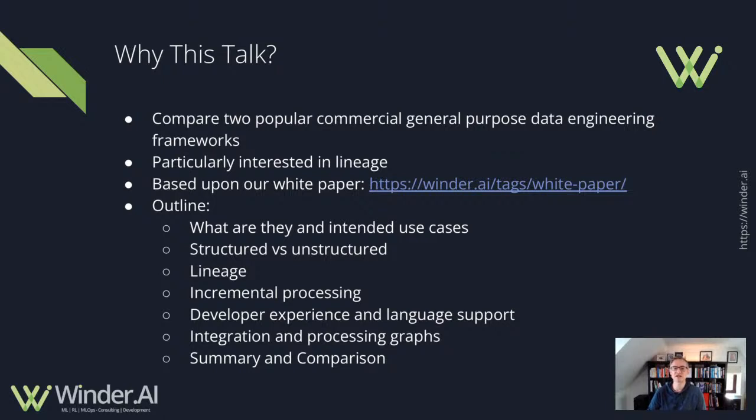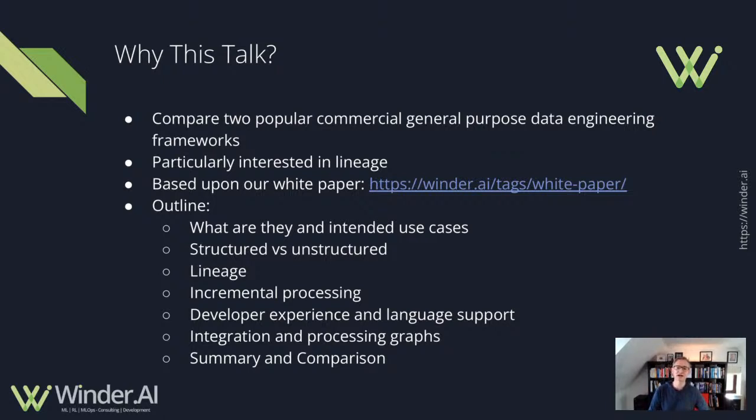So I'm particularly interested in lineage. This is based upon a white paper that we wrote last month. You can find that on our website. That's got the full details in there. So if you're interested in the details a bit more, because I'm only going to present a summary here, then please do read that white paper.